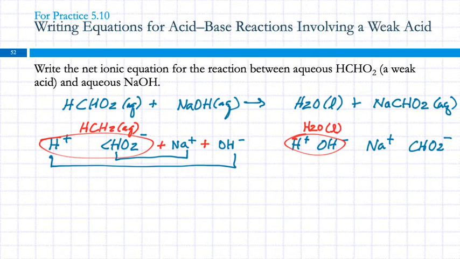A metal and a nonmetal, it's soluble, so that's written as ions. So then I can look what's the same on both sides. Na, sodium. So the sodium was watching, didn't get involved. Anything else?